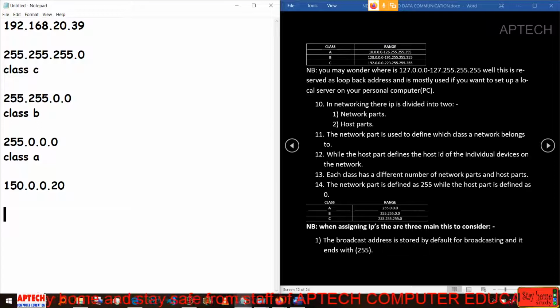So in each and every IP address, let's say this one, this is class B, right? So now what happens is, the first IP should be .1, by default. 150.0.0.0 is what?